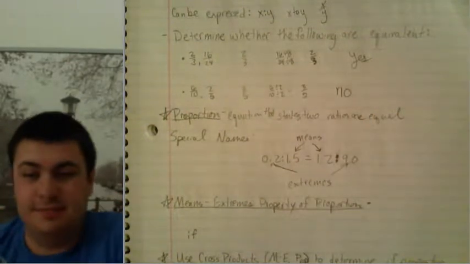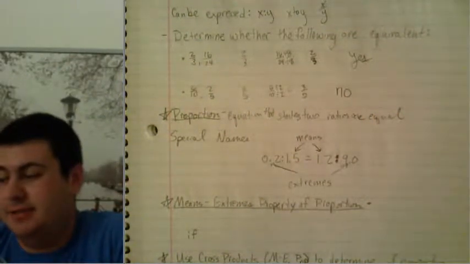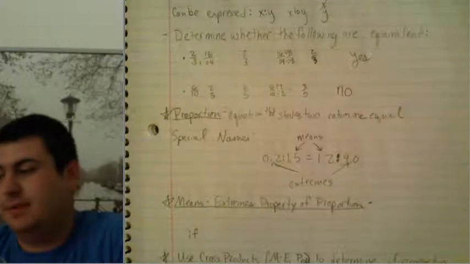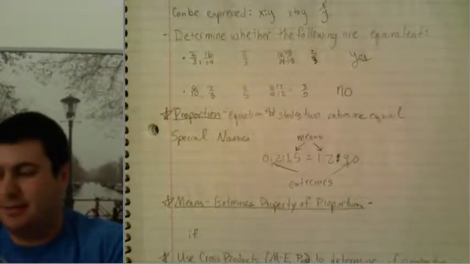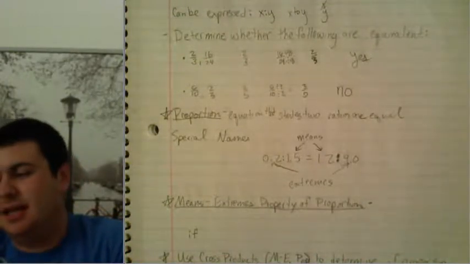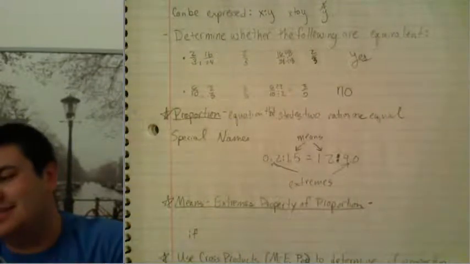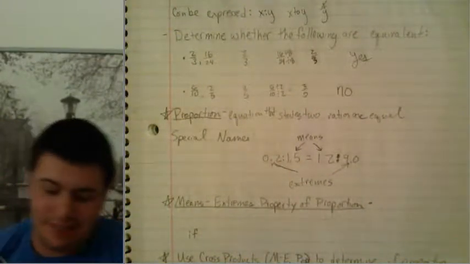of a proportion, which come into use when we use the means extremes property. Essentially, in a proportion, the product of the extremes is equal to the product of the means.